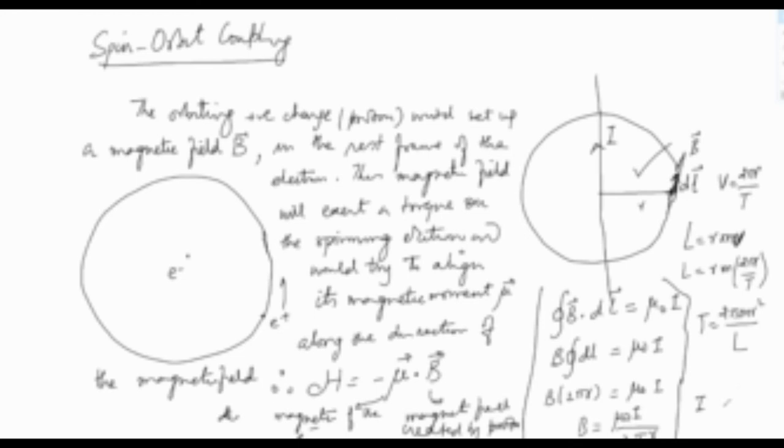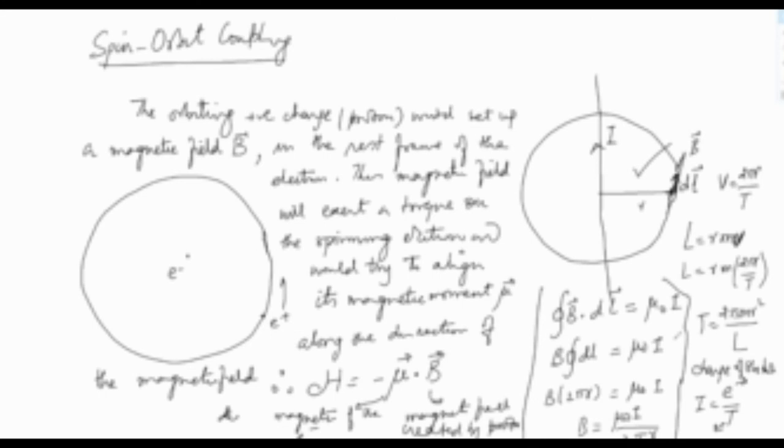Current is e by T, where e is the charge of the proton, and T is again the period of the proton to complete one revolution. Therefore the magnetic field is mu naught I by twice pi r, and this I is e upon the time period, where e is the charge of the proton and the time period T is the time required to complete this full revolution.